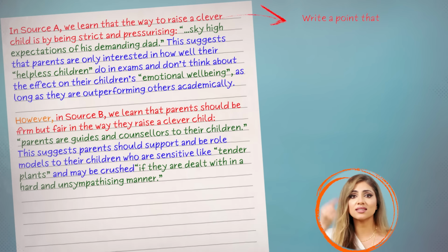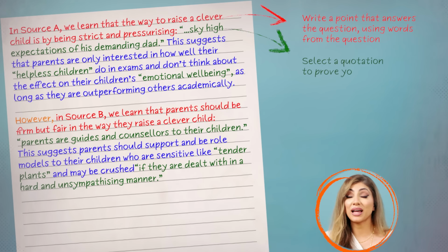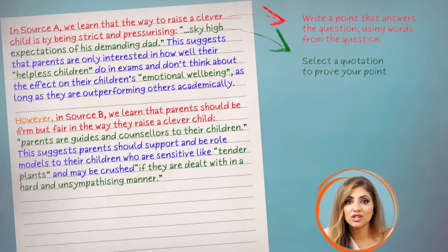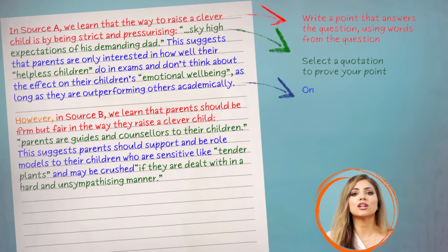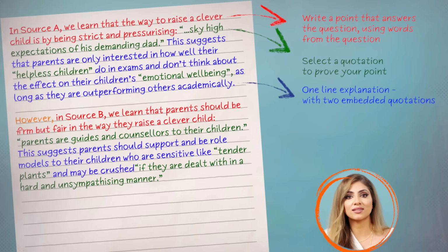Let's just break down what I've done there in those 2 paragraphs. I have written a point that answers the question using words from the question. I then selected a quotation that does not have to be juicy. It doesn't need to have language devices in there because we're not going to analyze it. Summary. I've then written a short explanation. It's only literally like 1 or 2 sentences long.